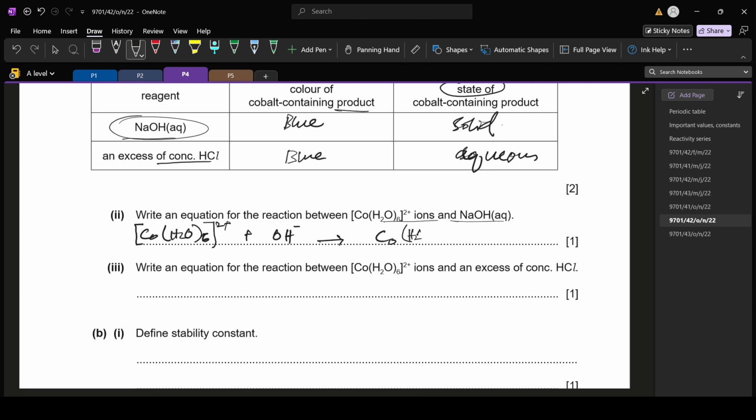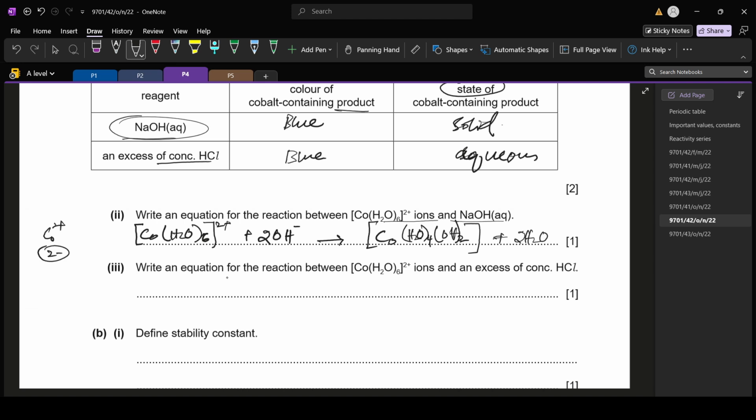Two of the water molecules are substituted with OH, and the overall charge becomes zero. Because OH is negative and there are two OH, and the oxidation state of cobalt is 2 plus, so 2 minus and 2 plus cancel out to give a charge of 0, and then you have 2 moles of water. So this is your equation. You have to balance the equation as well.